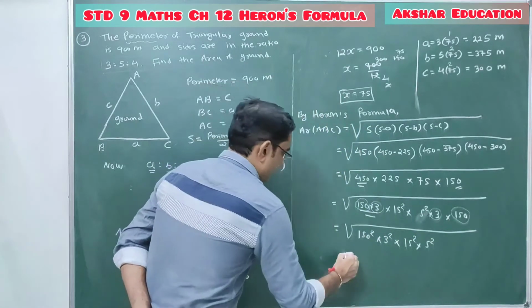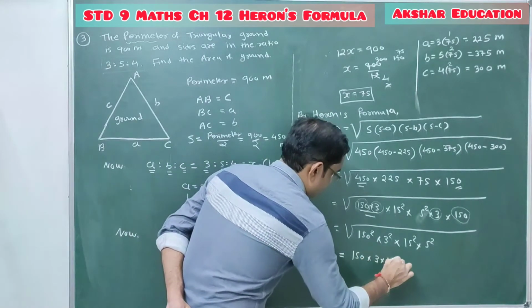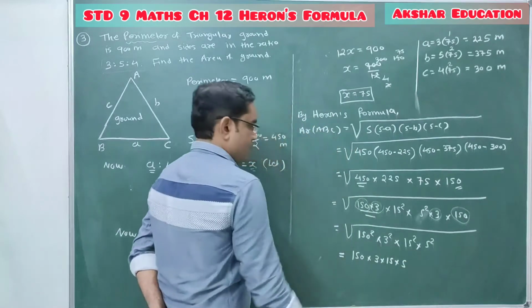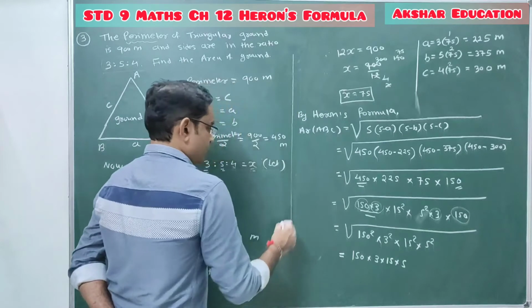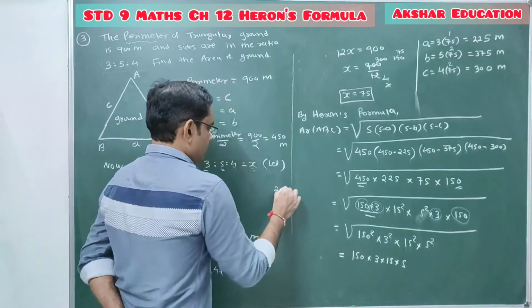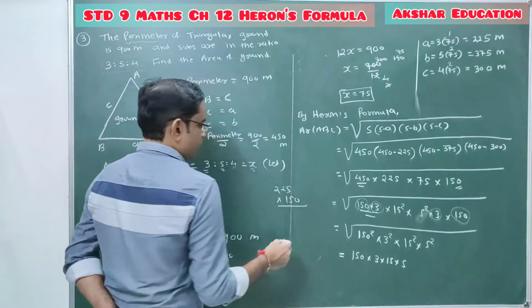Remove this square and multiply the numbers. So it's 150, 3 into 15 into 5. 3 5s are 15, 15 15s are 225. So 225 into 150. This will give us our answer.